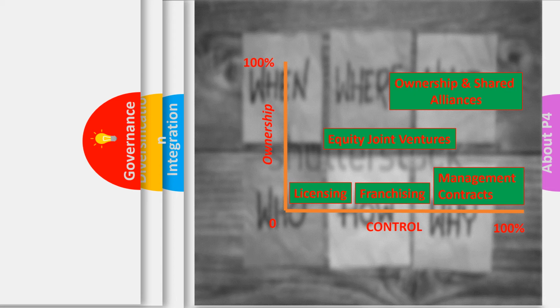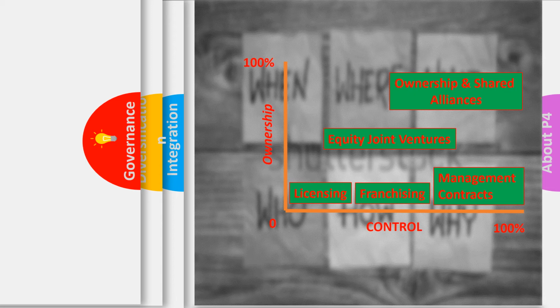Do you want the ownership and control, which allows you to decide what you do, but equally the ownership and control means a greater degree of risk for the money that you've invested to go into that new marketplace. And likewise, if you see management contracts, the risk will be less than ownership and shared alliances.